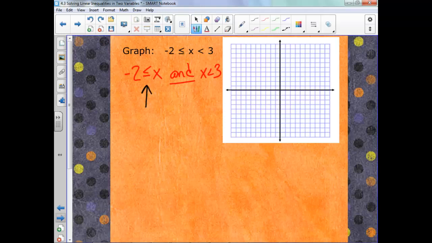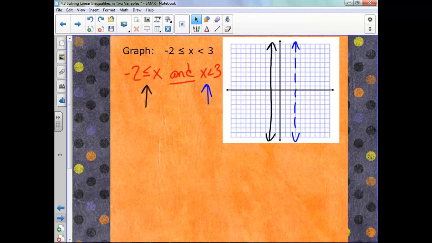Notice this one's going to be solid at -2. And notice this one is going to be a dashed at +3. And notice we want the numbers that are between the two, so it's going to be everything in the middle.